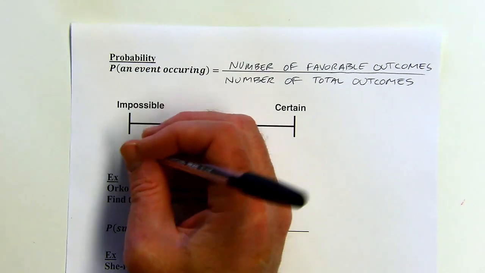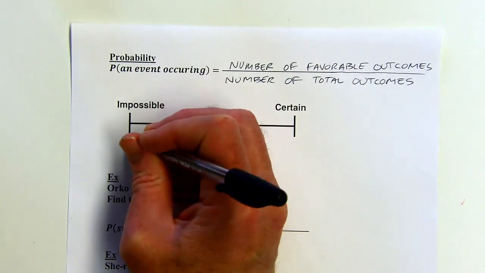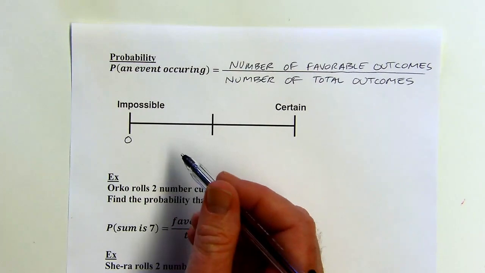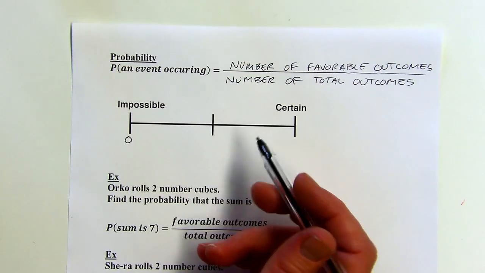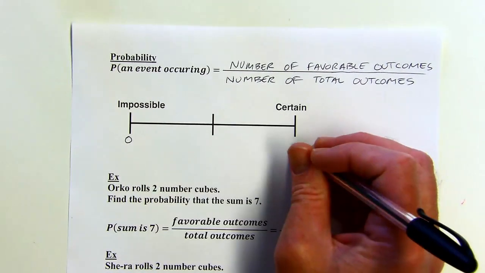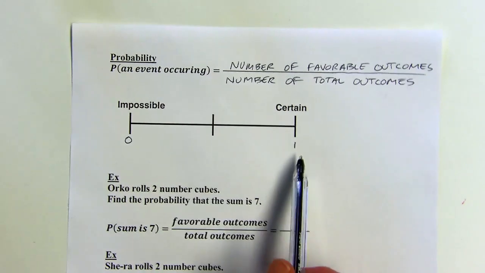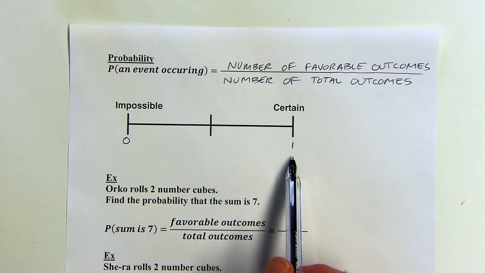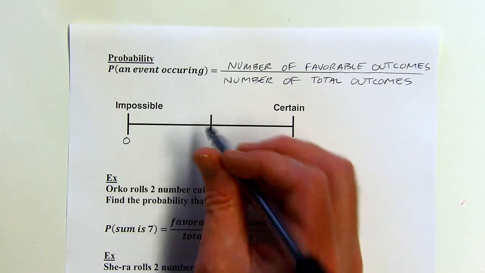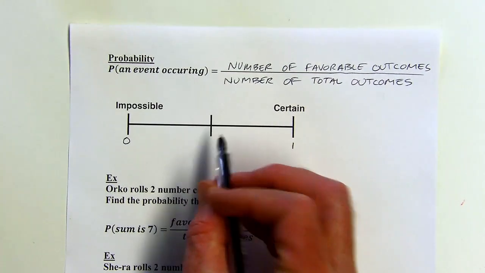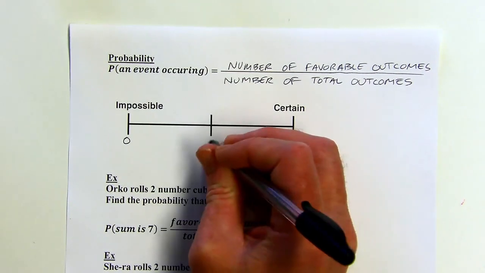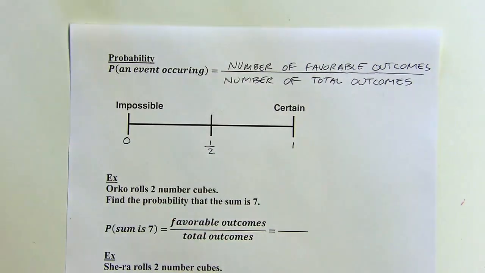If something is impossible, then it's going to have a probability of 0. It's not happening, right? And if it's certain, it has a 100% chance of happening, but the probability would be 1. And something that is going to happen half the time would be right in the middle of that number line.